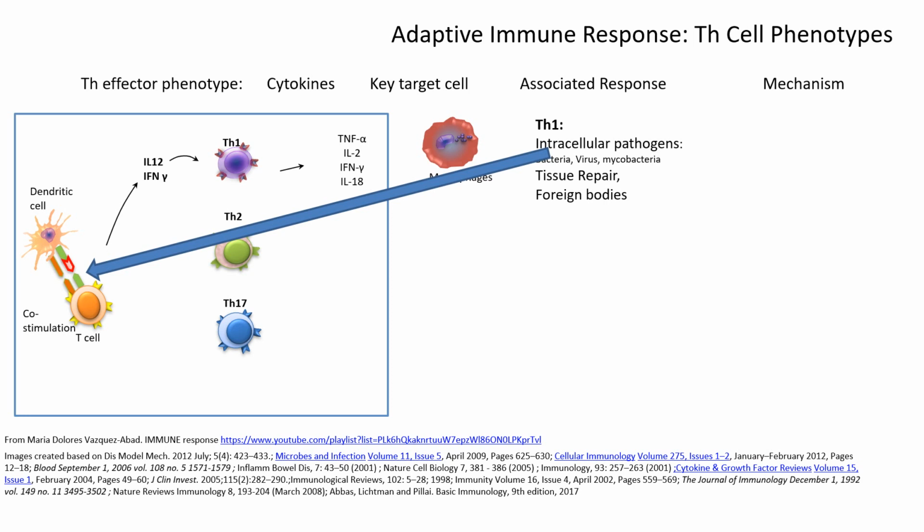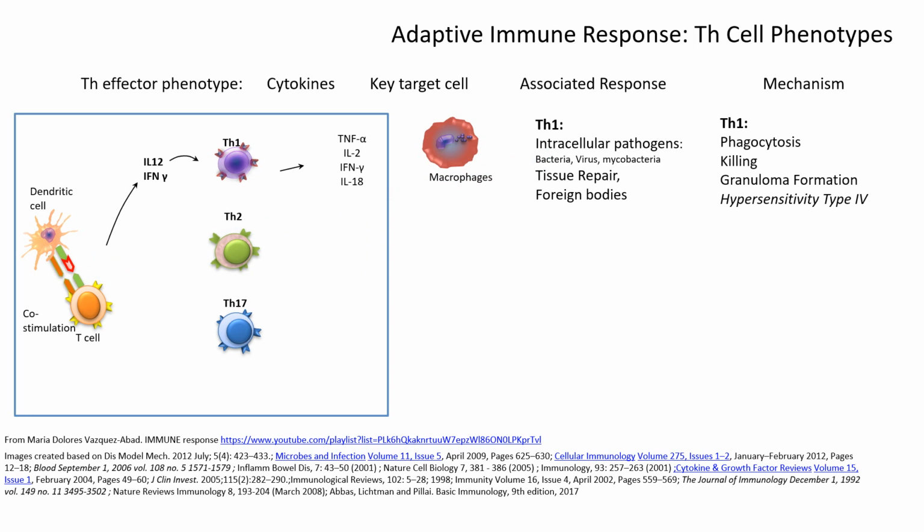That original interaction is going to make sure that this phenotype is the Th1, and that these macrophages will be activated, ready to produce either phagocytosis, direct killing of those intracellular pathogens, or oftentimes when they cannot actually kill the pathogen, they could also produce a granuloma formation either around the foreign body, or in the case of tuberculosis, the bacillus.